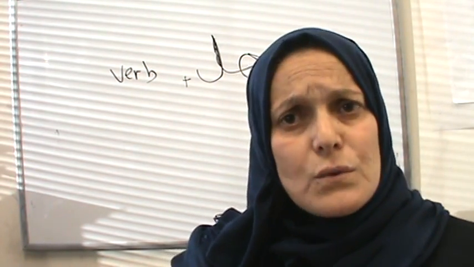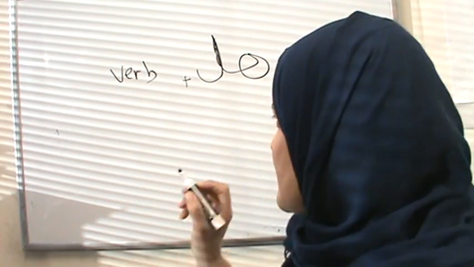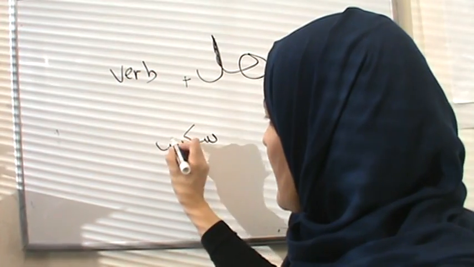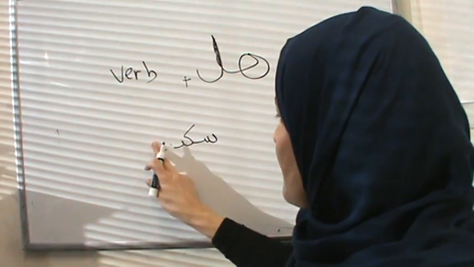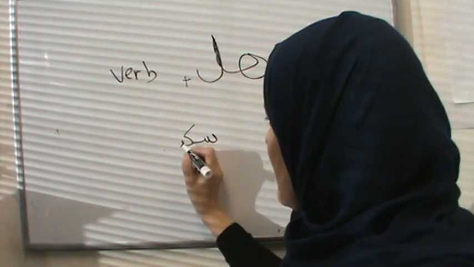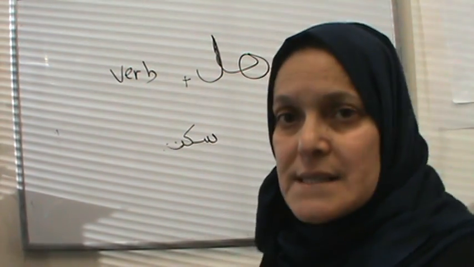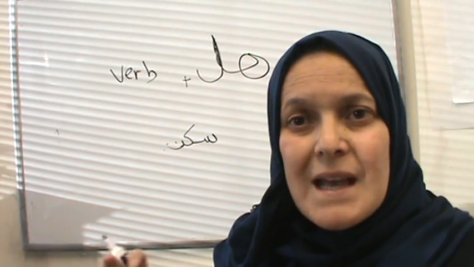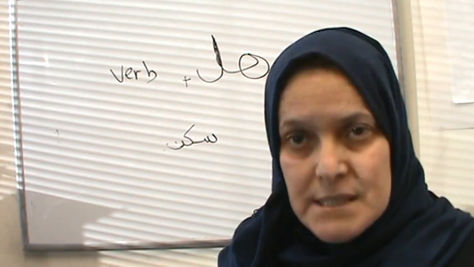So the verb to live is sakana. This is the infinitive. Remember, in the present tense, I work with the stem.